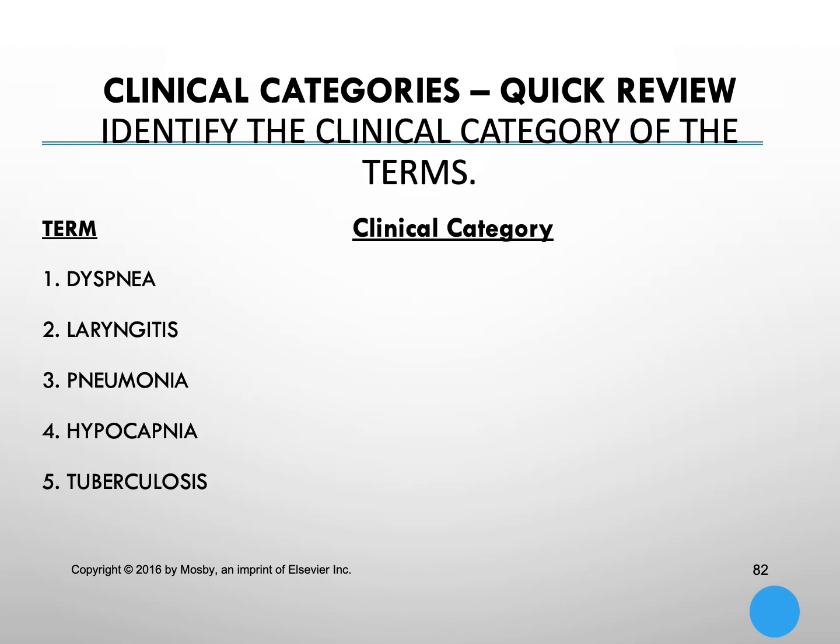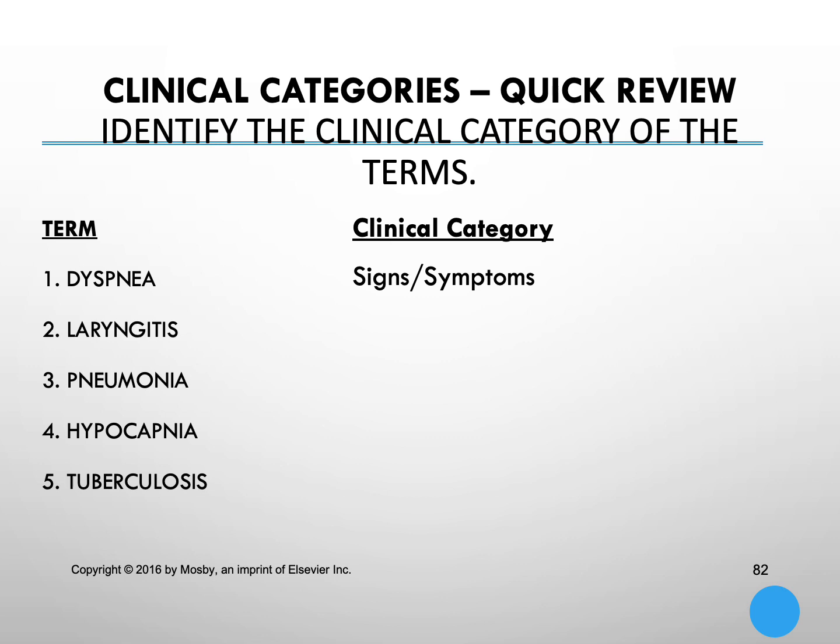All right, the first one is dyspnea. What do you think the clinical category is for dyspnea? If you said that's a sign or symptom, you would be absolutely correct. Remember, dyspnea is difficulty breathing. What about laryngitis?